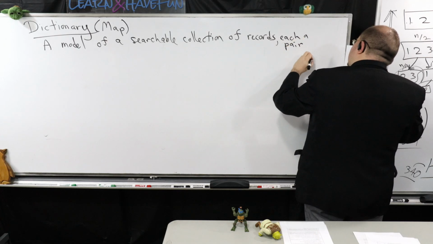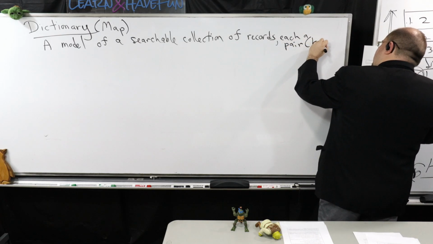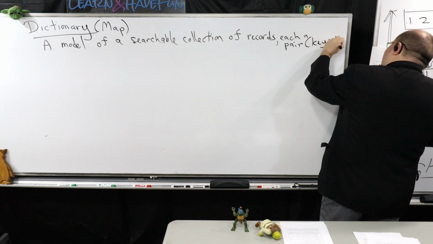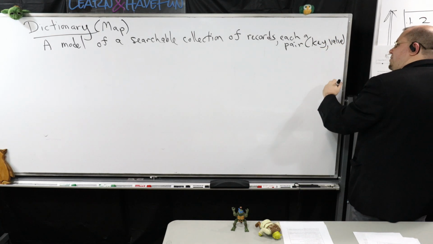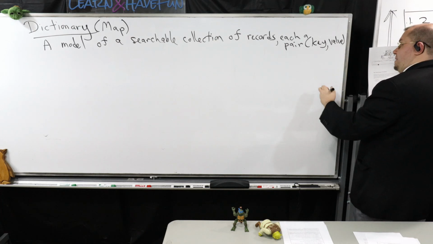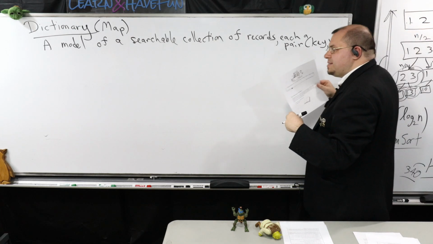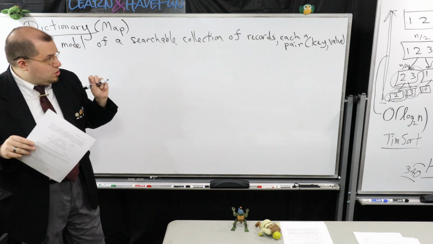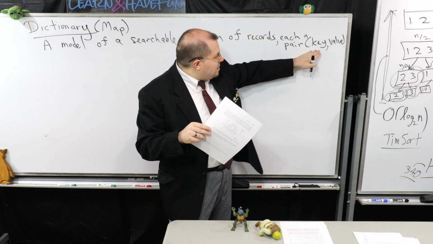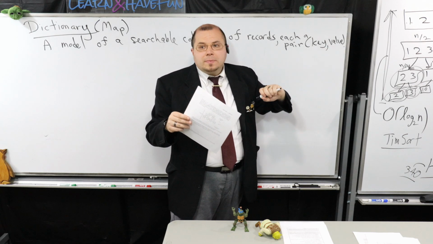So each one's going to be a pair. We're just going to have a key and a value or data. Sometimes I'll call this the data, sometimes the value. All of the elements going into this dictionary are going to have two components to them, a key and a value.